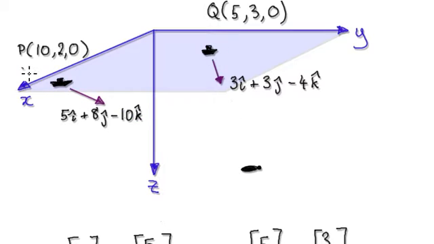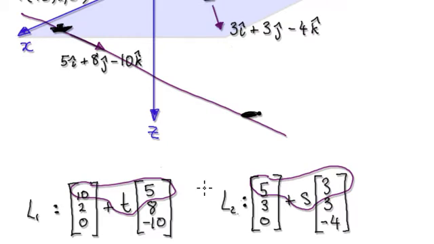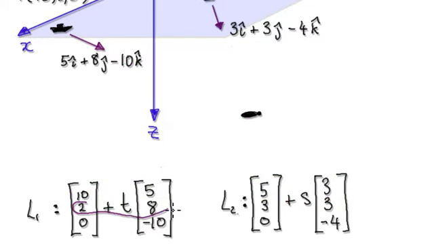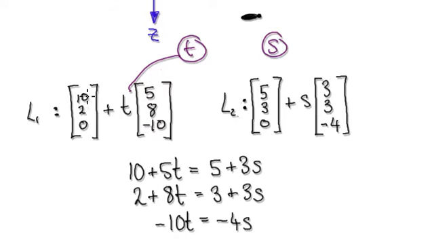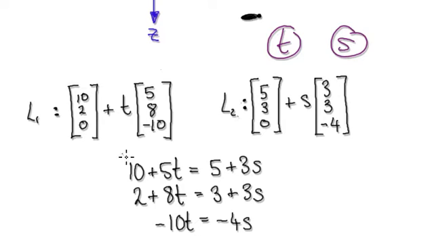So the x coordinate for line 1 must be the same as the x coordinate for line 2, the y coordinate for line 1 must be the same as the y coordinate for line 2, and the z coordinate for line 1 must be the same as the z coordinate for line 2.